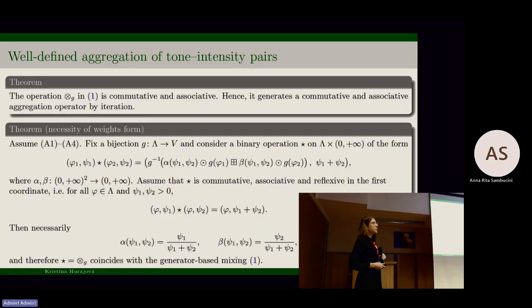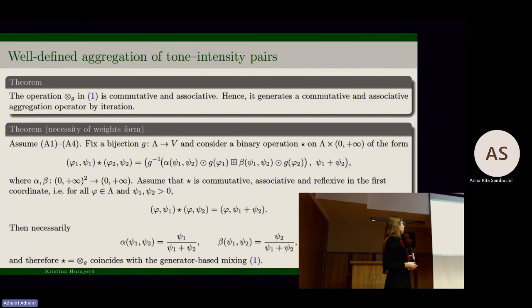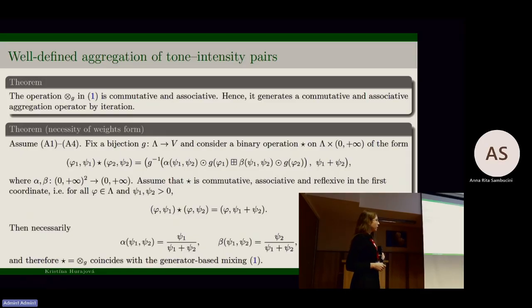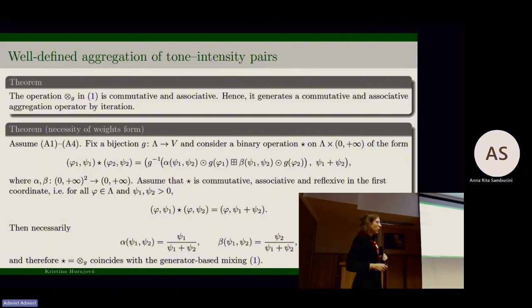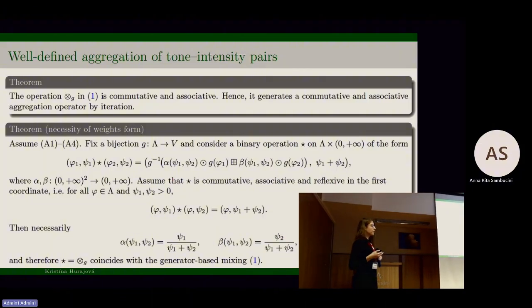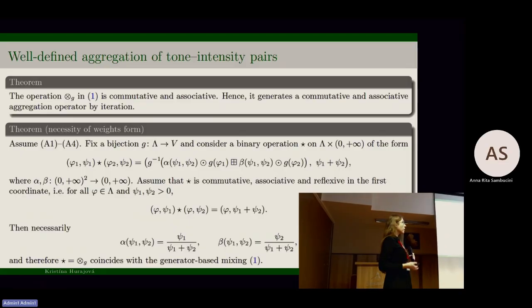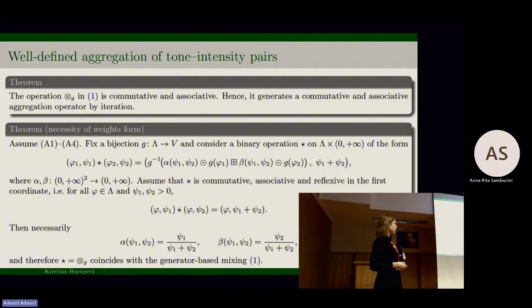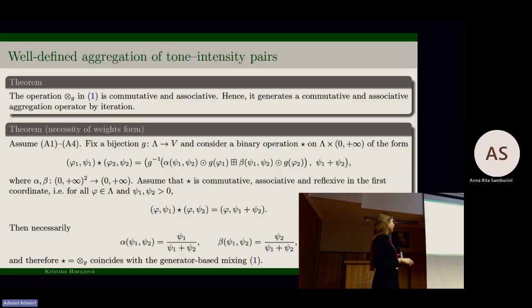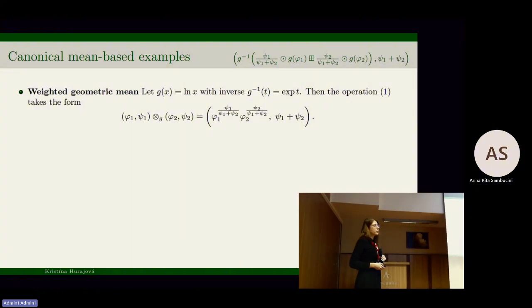When we want a natural algebraic structure, the weights must be barycentric, and musically it means that louder tones have more effect, and aggregation is incremental, so there is only one possible construction, and this construction looks like this.